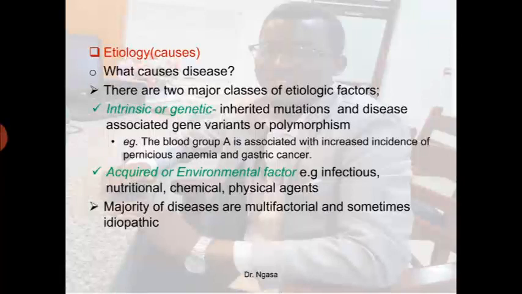Multifactorial means that the causes of the disease come from different factors, not from just one factor. So there might be an interplay of both the intrinsic and the acquired or environmental factors to cause a certain disease. And sometimes the causative agent can be idiopathic, or simply put, unknown.